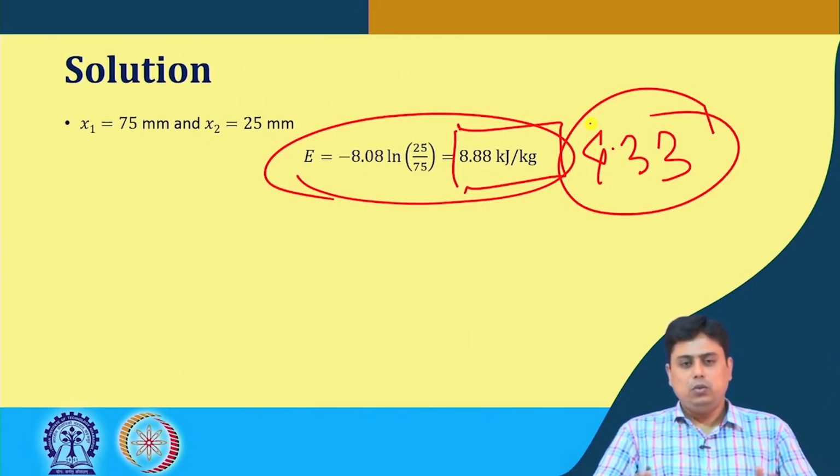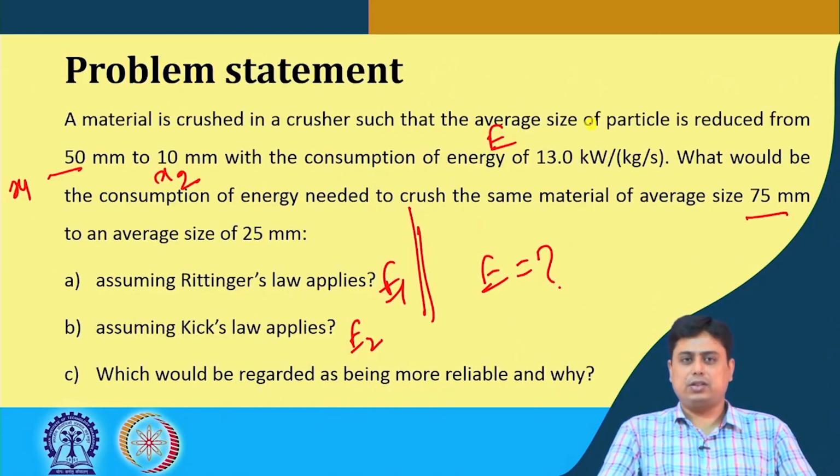If we utilize the highest energy and take that into consideration for the design, we may be overestimating everything. So, here which one is more reliable? For that, we have to look at the size reductions.